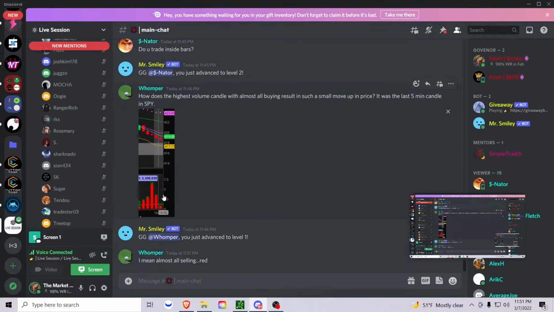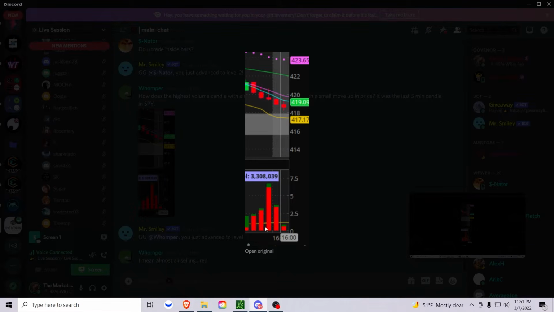If you can see on your chart, the way you have to read it is that most of this was selling volume and a little bit of it was buying volume, but that buying volume was strong enough to make it trade up, as you see, it went to the high of the candle.